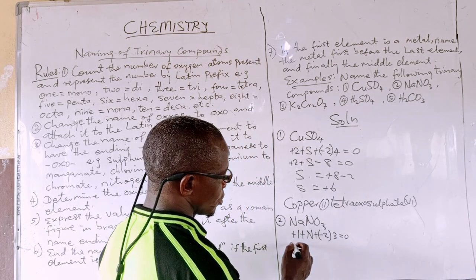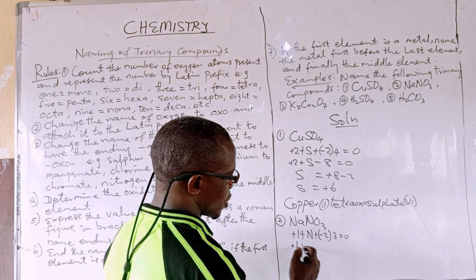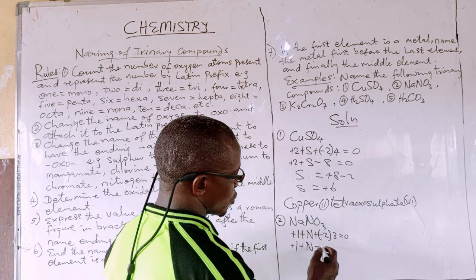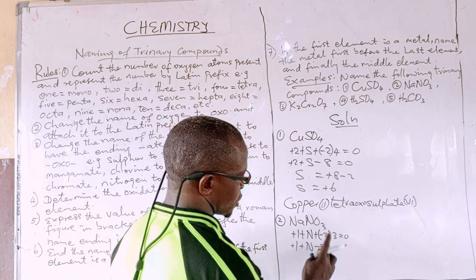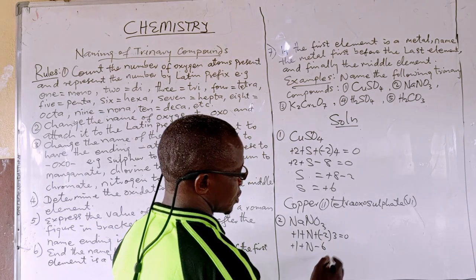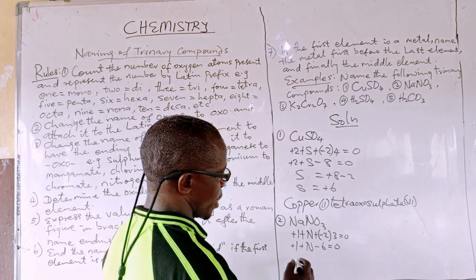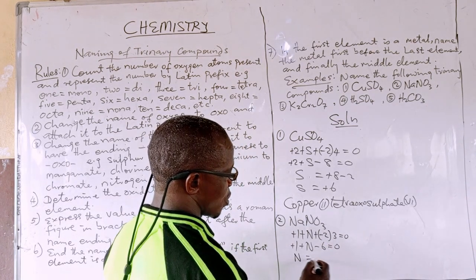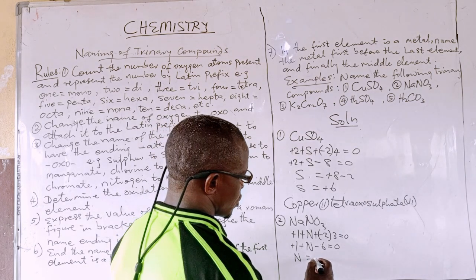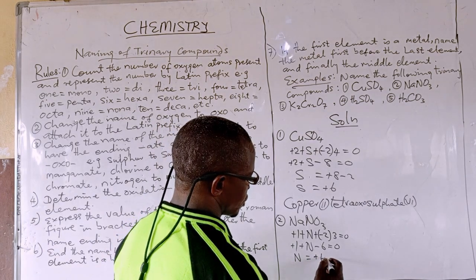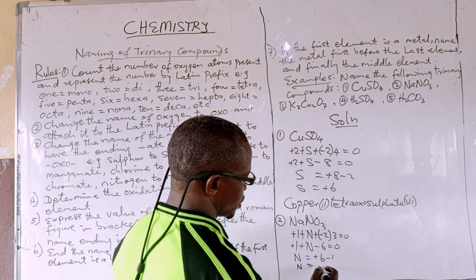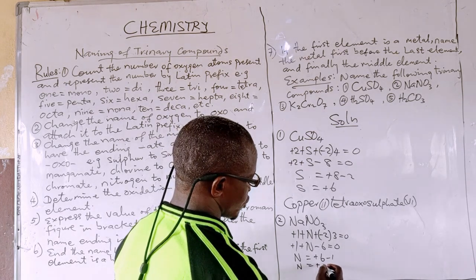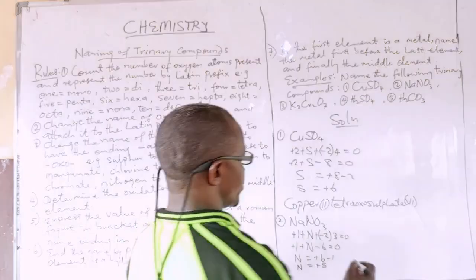Now, plus 1 plus N minus 6 equal to 0. N equal to plus 6 minus 1. Your N is equal to what? Is plus 5.